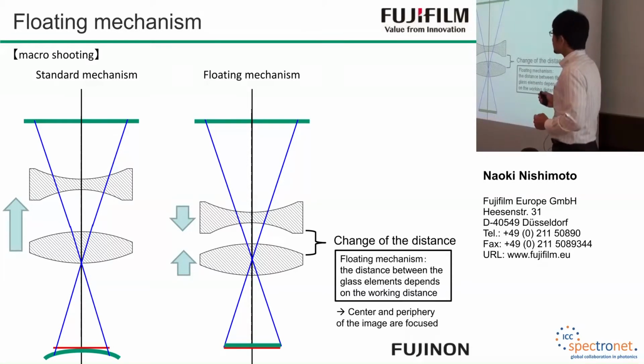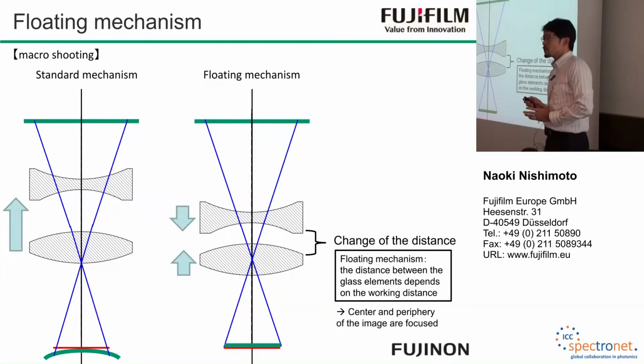But a floating lens is not perfect. We need to take care about flange back length. Flange back length is the distance between the flange surface of the mount and the image plane.